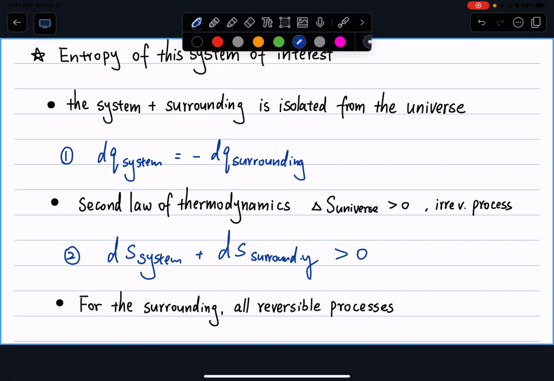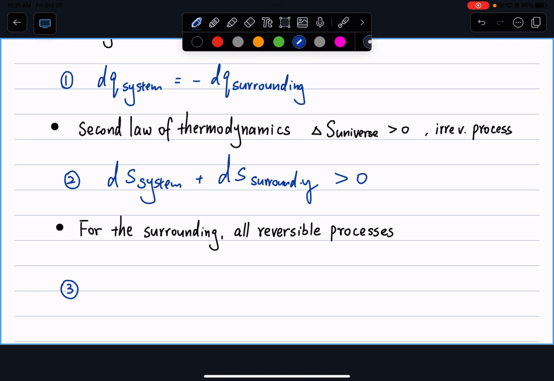Then for the surrounding, we know it is at thermodynamic equilibrium, or the other way to put it is that for the surrounding you only have reversible processes taking place. So for the surrounding, we have dS surrounding equals dq surrounding reversible over T.